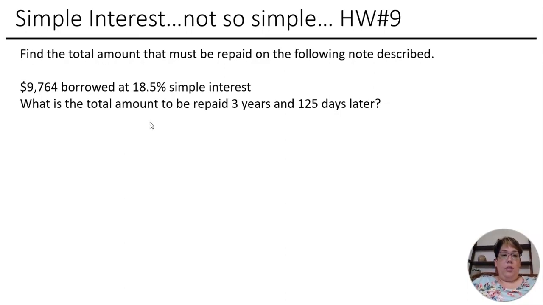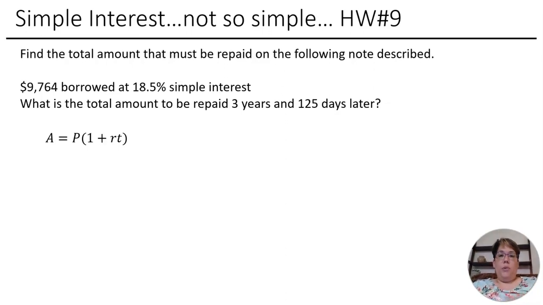Now, whenever you look at that, you're going to find that the future value for simple interest is this formula, A is equal to P times 1 plus RT.